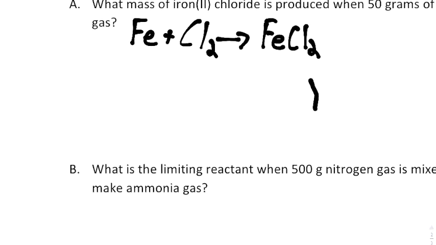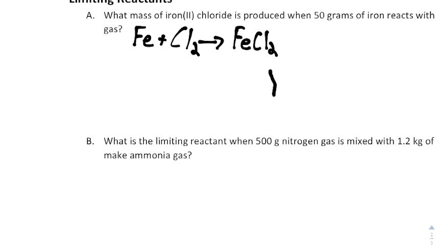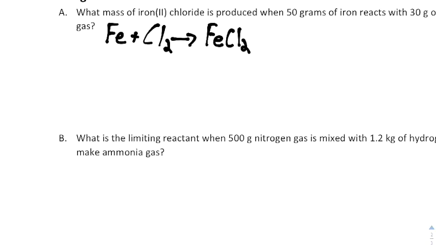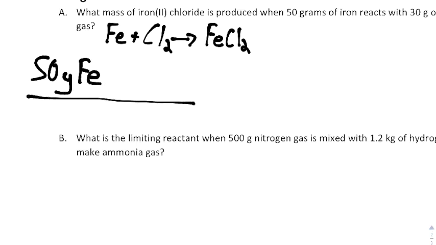So when we're doing this, you can either convert to a product or convert to a reactant, meaning you have 50 grams of iron, and we convert it to moles of reactions. So we convert it to moles, where 1 mole of iron is 55.85 grams of iron.